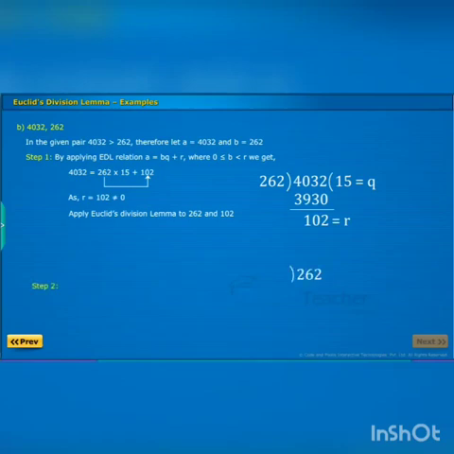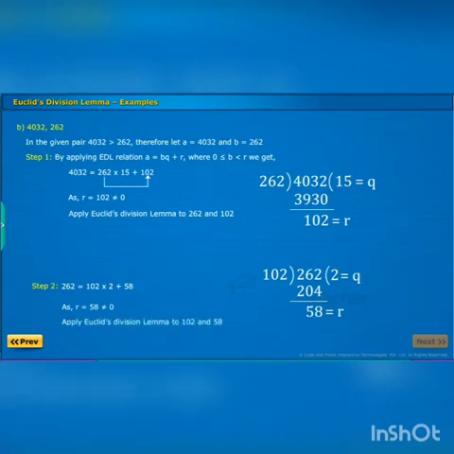Step 2. 262 = 102 × 2 + 58. As r is equal to 58, which is not equal to 0, apply Euclid's division lemma to 102 and 58.